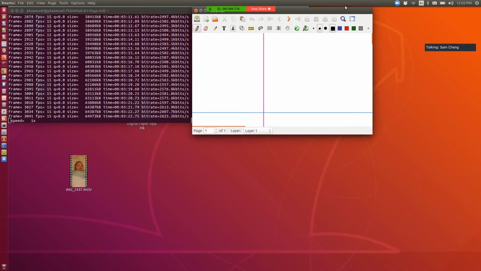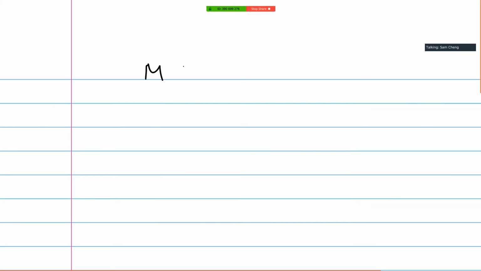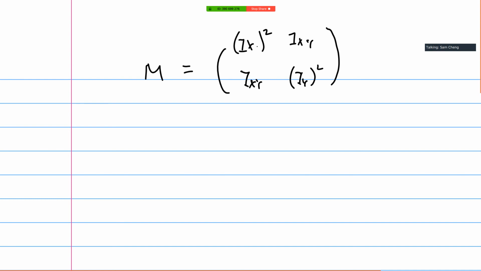M is something like Ix squared, IxIy, IxIy, Iy squared. So it's just the gradient in the horizontal, diagonal, and also vertical directions.